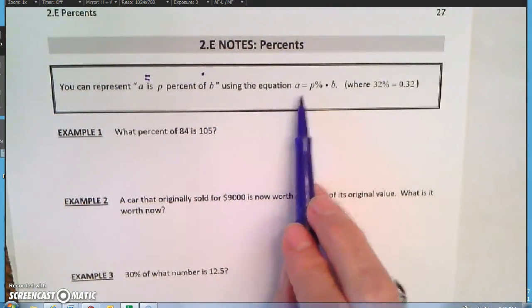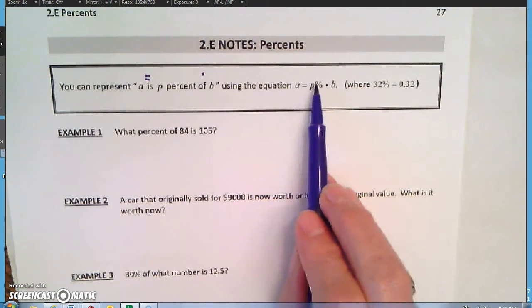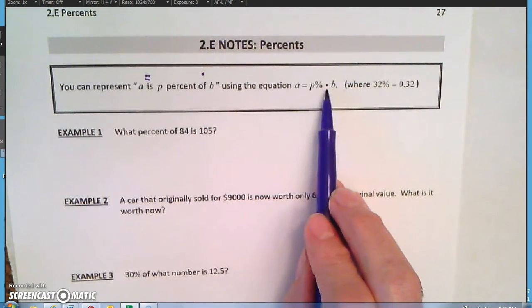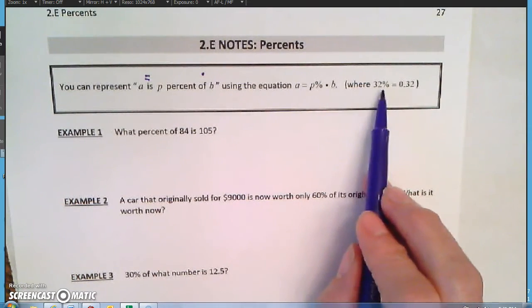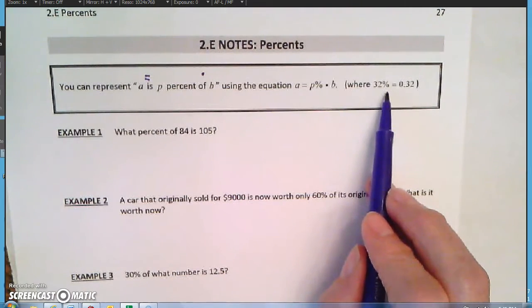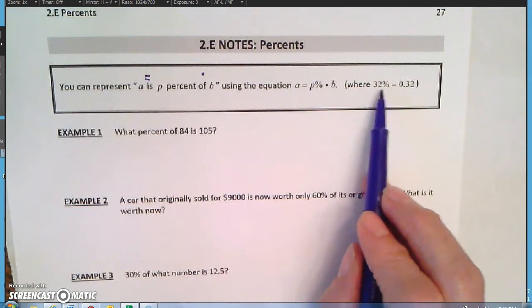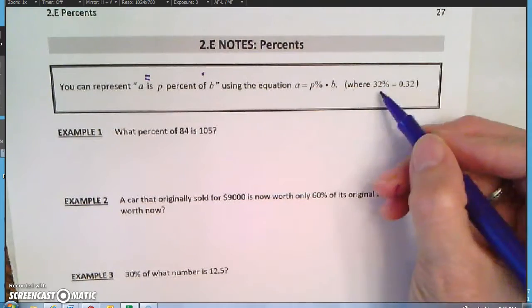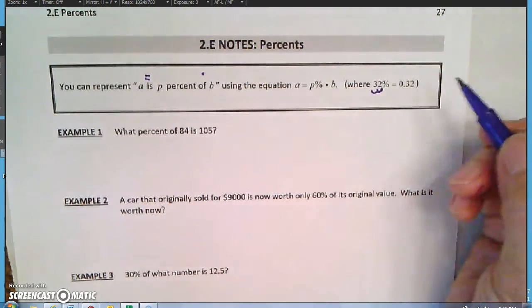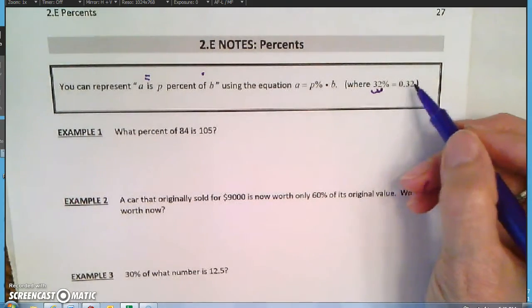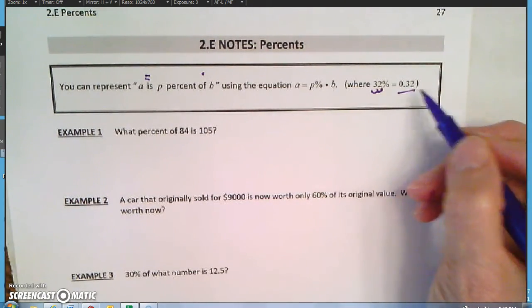So we have A is, there's my equals, P% of, there's my times, B, where, say, 32%. Remember that when we're working algebraically, we won't include the percent in our answer. For 32%, we take the decimal point that's understood, move it back 2 places, and rewrite that as a decimal, 0.32.